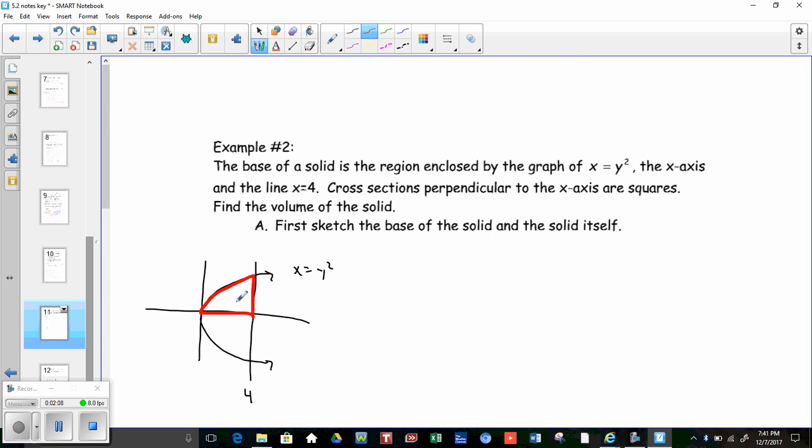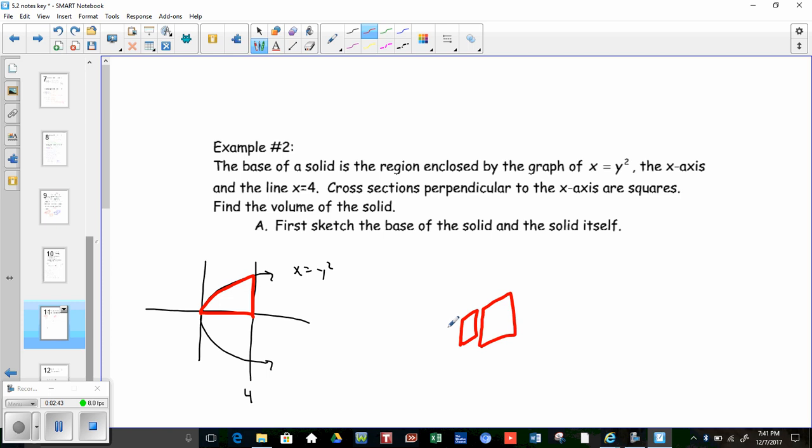Again, remember, this is basically like looking straight down at the table, and this is the bottom of whatever this figure looks like. What it tells us is that the cross sections perpendicular to this are squares. So really, what we've got is something that looks kind of like this. There's a square there, but then as we go down, because this is a big square here, as we start to go more back towards the origin, the squares are going to start to get smaller.